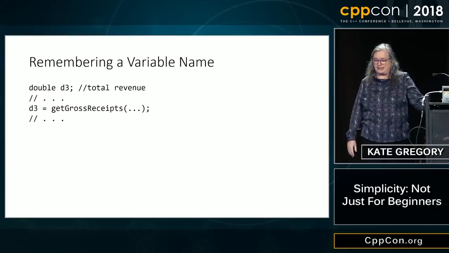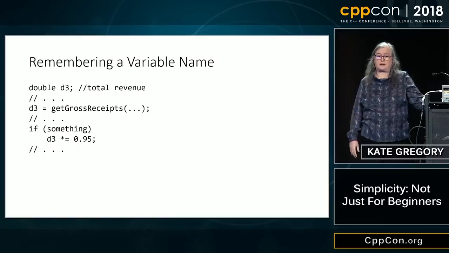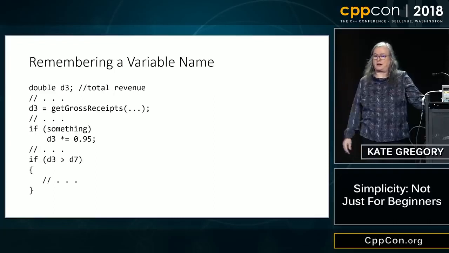Another couple thousand lines later, if, I don't know, whatever, apparently we're going to take 5% off D3. Do you still remember what D3 is in real life if you're not on a slide? If you are wandering around in a multi-tens of thousands of lines file? Or if D3 is greater than D7, now you have to look 2 things up in your little mental lookup table.